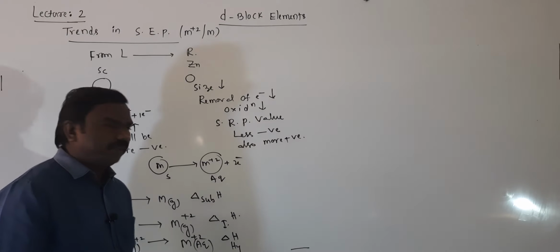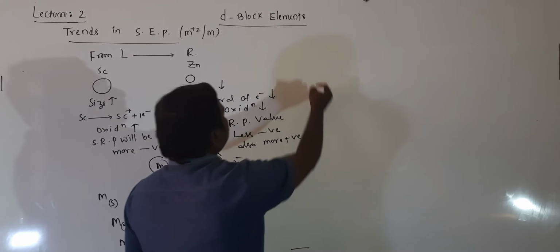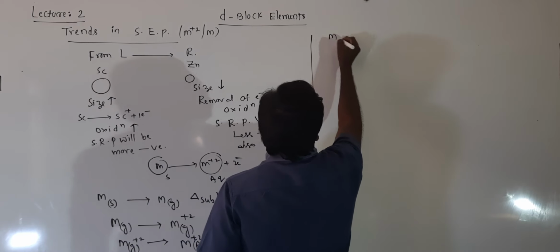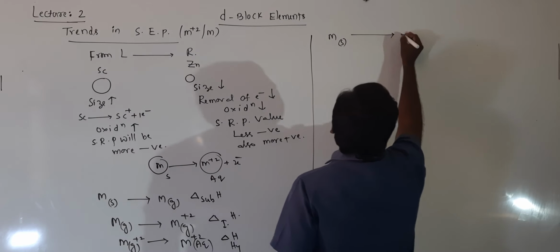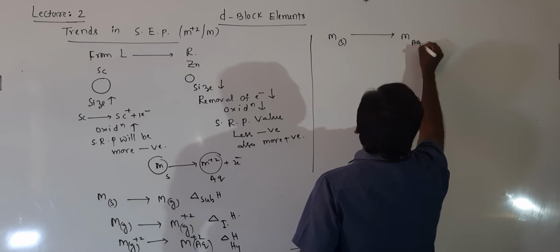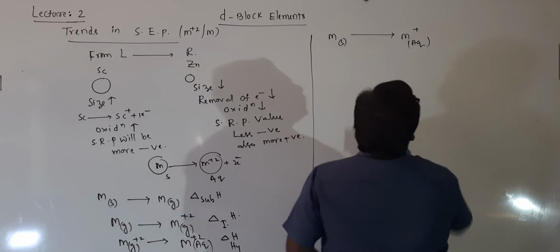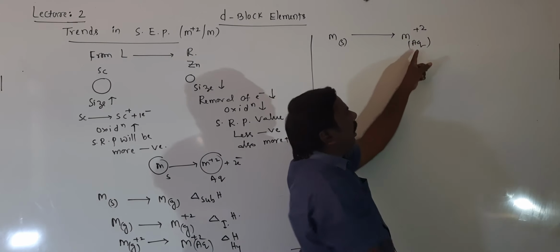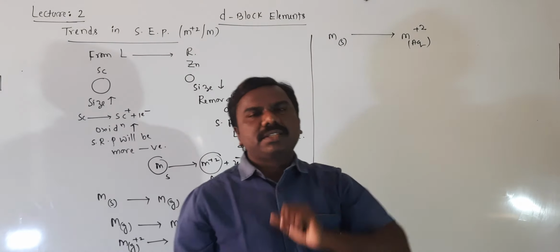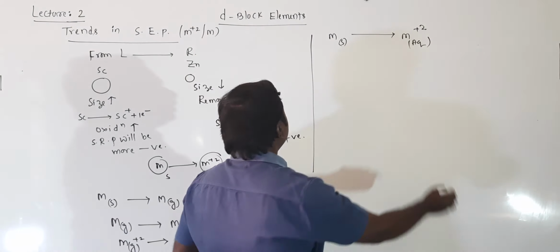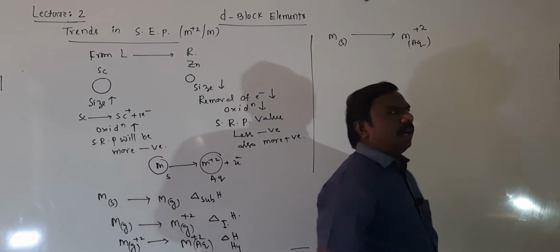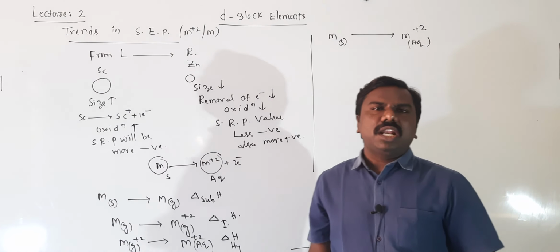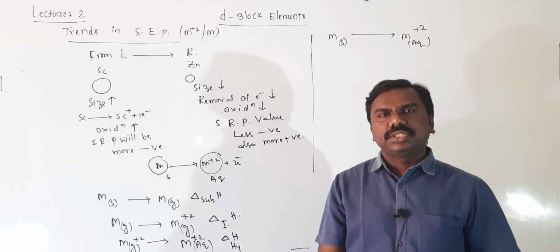So these three steps are required to convert solid metal into M2+ aqueous. To stabilize the oxidation state in aqueous medium, there are three factors: sublimation enthalpy, ionization enthalpy, and hydration enthalpy.